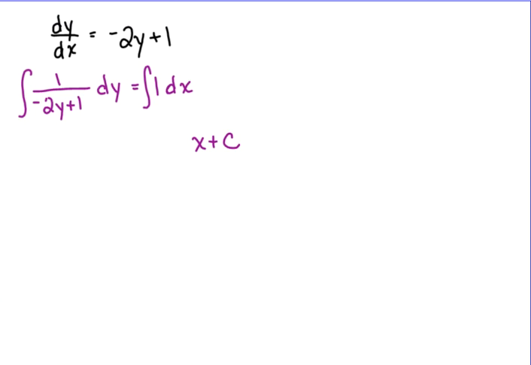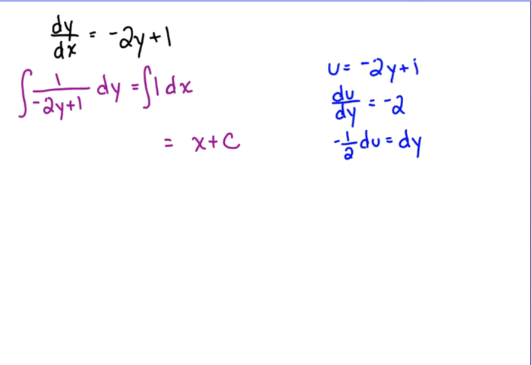The left side technically is a U substitution problem. Now, it's a very simple situation of a U substitution, but it never hurts to look at it this way anyways. Technically, this is du over dy. The derivative of that is negative 2. We don't have negative 2 in the numerator of that expression, so we need to make that negative 1/2 du equal to our dy.